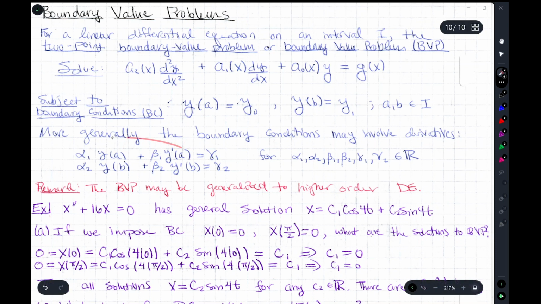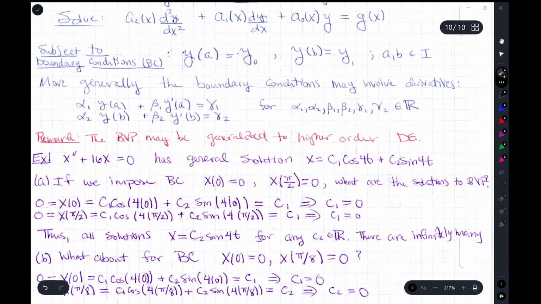Or you could have some general mix, where at some initial time you specify the position and the velocity, or some linear combination of them, and so on. That's the most general kind of boundary conditions. And of course, the BVP may be generalized to higher order differential equations.